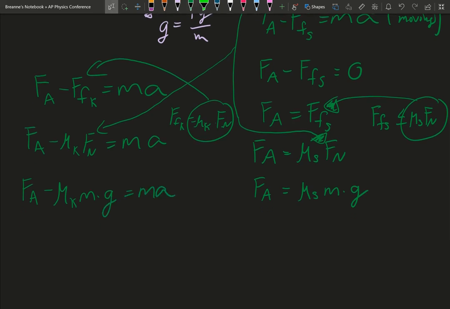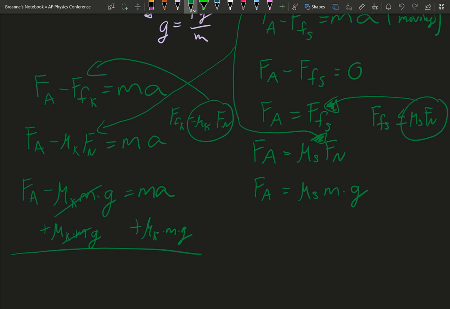Now, before you get cancel happy, you can't cancel it just quite yet. Can't cancel it actually at all because we don't have an m in each thing. So if we're looking for a force applied, we need force applied by itself. So we're going to add our mu times normal force times g to both sides. And the reason we're adding is because of this right here.